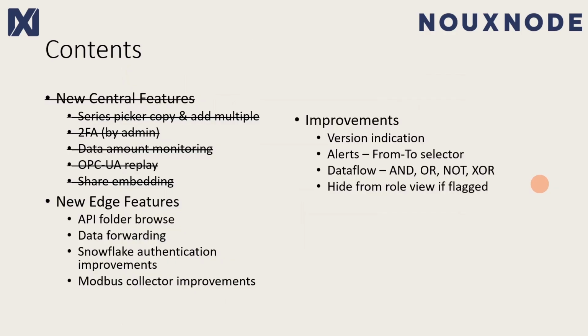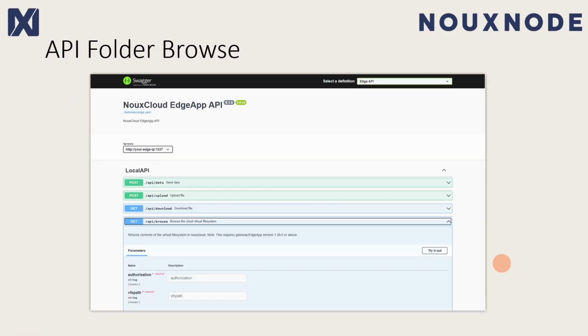All right, but those were the new central app features. Then let's take a look at these new edge features, or edge application features. First we have this API folder browse, meaning that we have added documentation to the Edge API where you can also browse the folders of our file system.